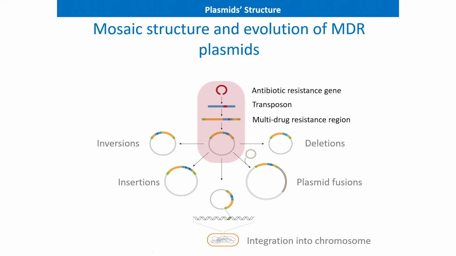It's a circular DNA structure that you can find within the bacteria. It has its own replication machinery, so it replicates without depending on the chromosome. Normally it's found in a higher copy number within the bacterial cell.